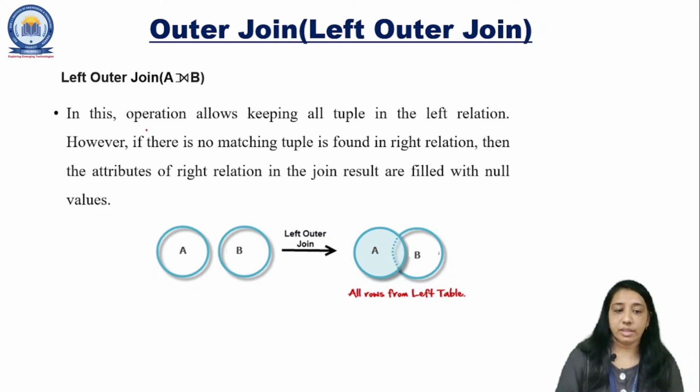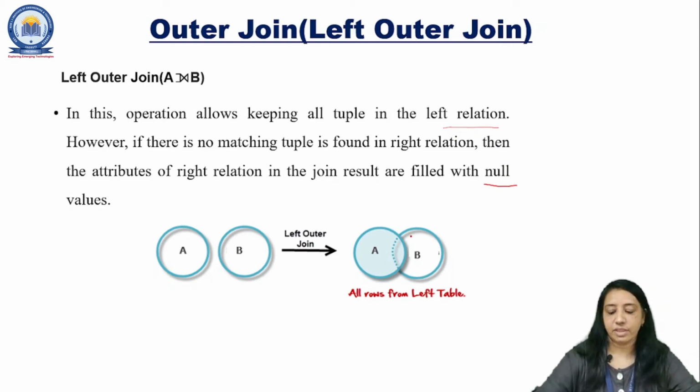So the operation allows keeping all the tuples in the left relation, and if no matching tuple is found in the right relation, that means if the condition on the common attribute is not satisfied, the left side table tuples are still going to be there, and if there is no match found for the particular attribute of the right side table, then it will assign null values. You can see this in the symbolic representation also.